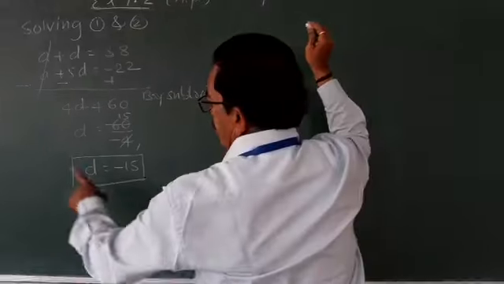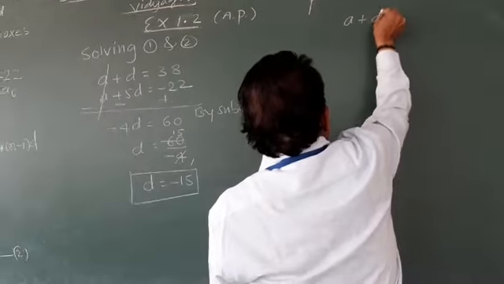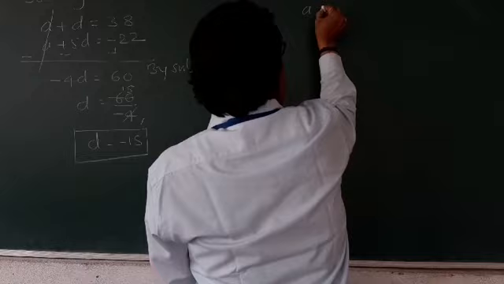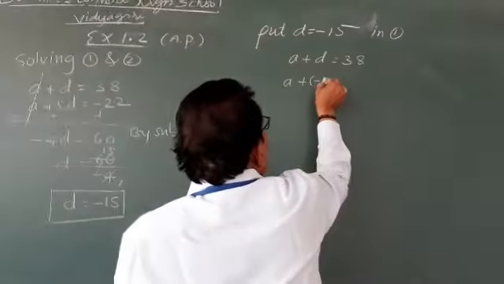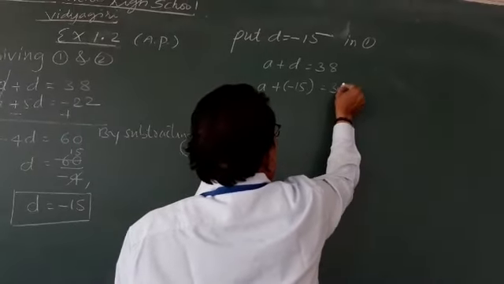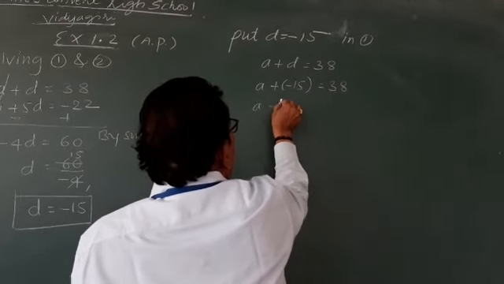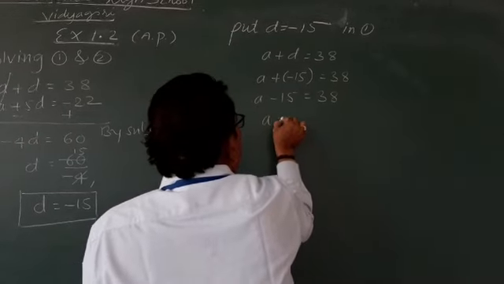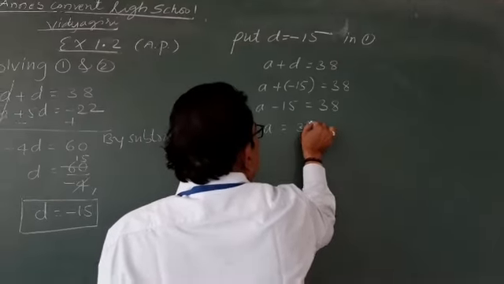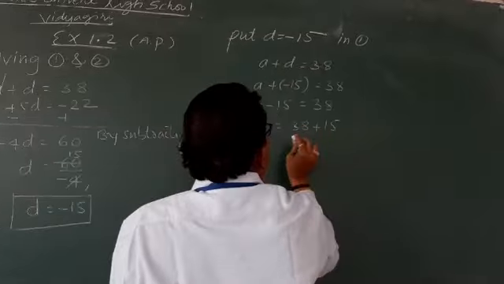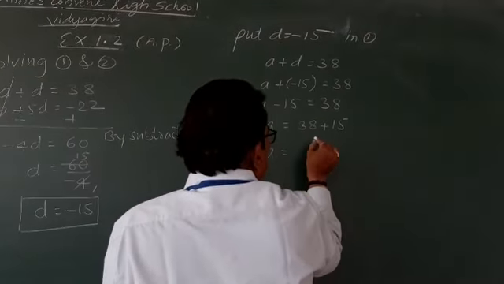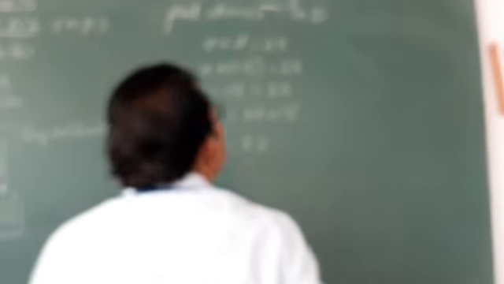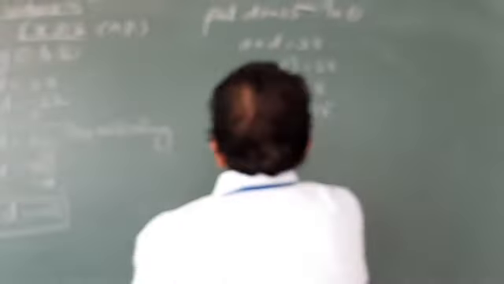That is, first one is a plus d equals 38. So, a plus of minus 15 equals 38. a minus 15 equals 38. a equals 38 plus 15. So, a equals 53. a equals 53.